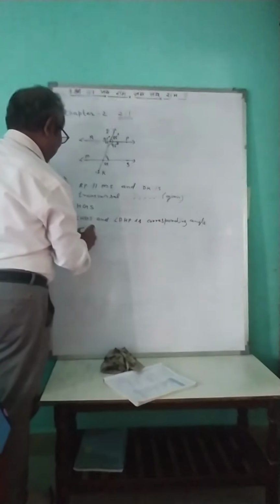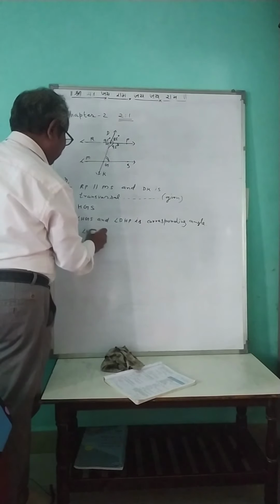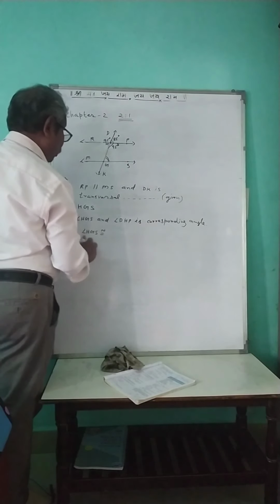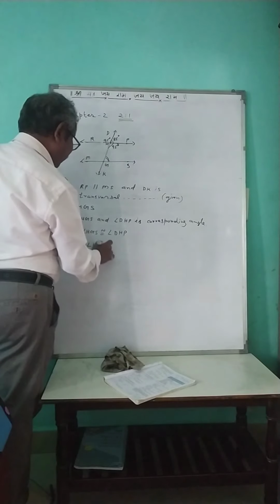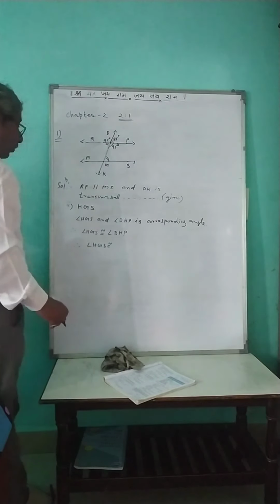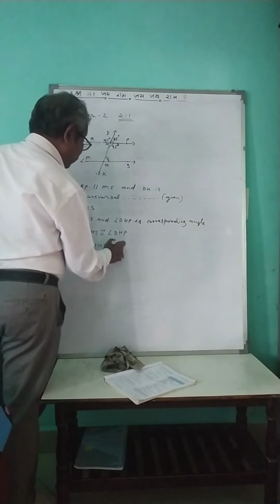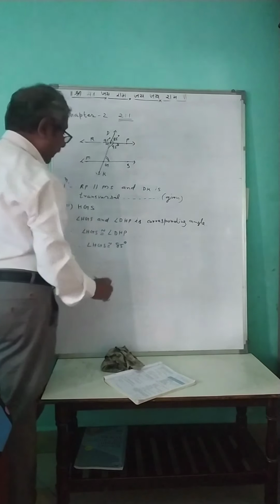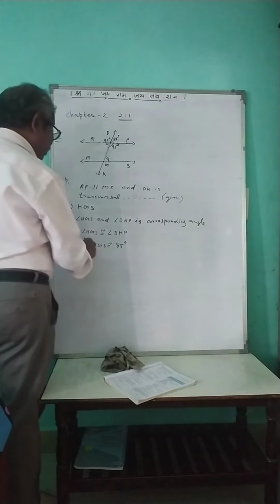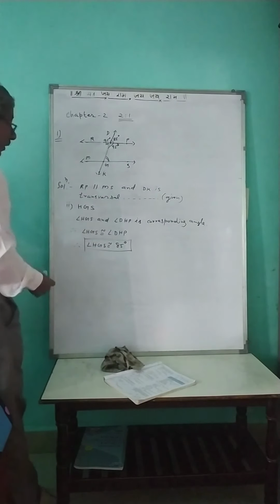Therefore, angle HGS is congruent to angle DHP. And what is the value of DHP? DHP's value is 85 degrees. Therefore, HGS is 85 degrees.